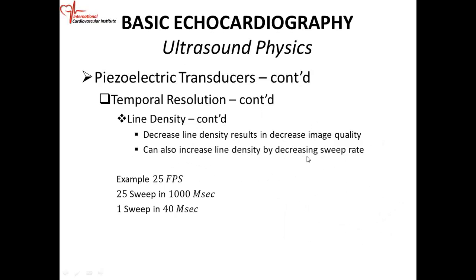If you want to increase line density, you can decrease the sweep speed. So if you want to increase the line density and hence increase temporal resolution, you decrease the sweep speed.